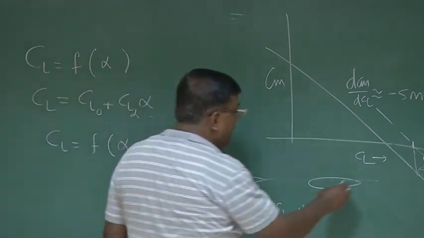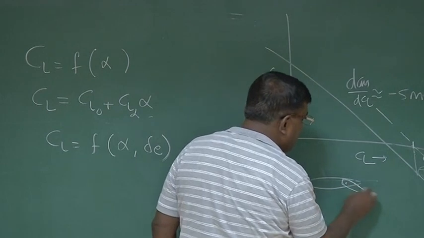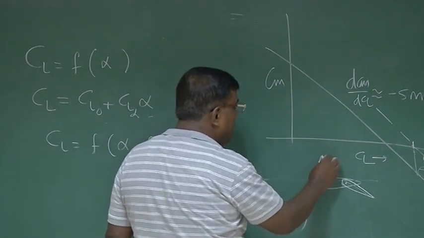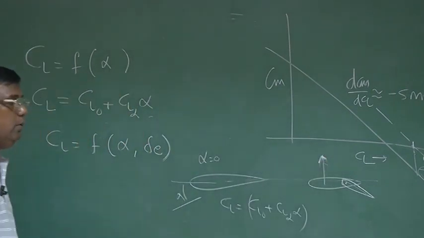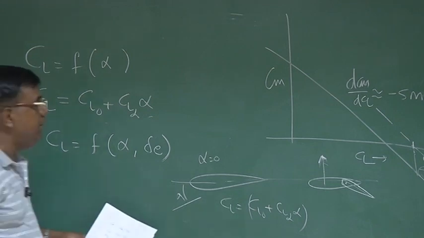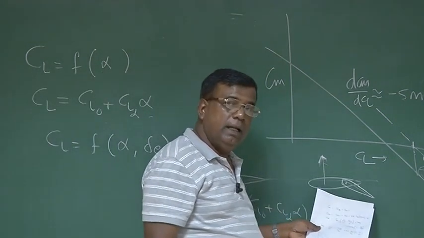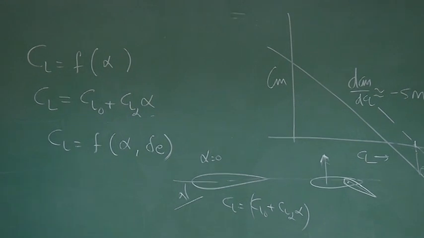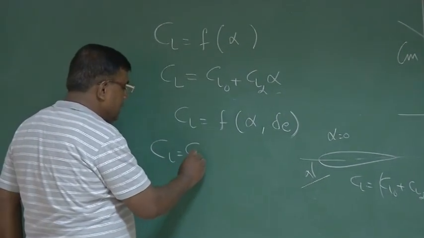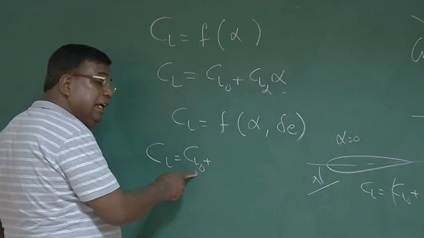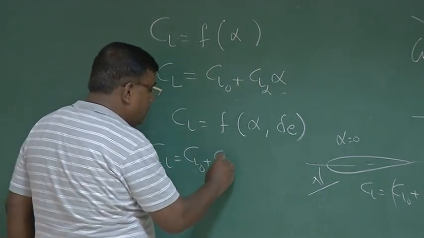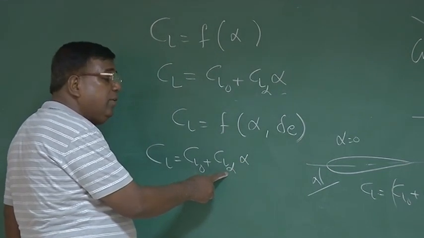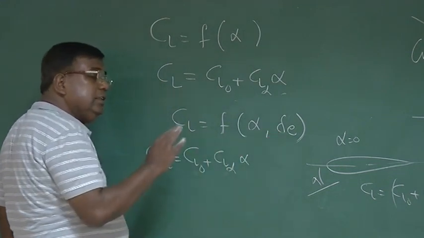But if I now give a deflection of the elevator like this, which is positive deflection, then even at alpha equal to 0, this will produce a lift. So now my CL will also become a function of delta E, right? So in a partial derivative sense, since we are assuming everything to be linear, I can write CL as CL naught when both alpha and delta E were 0, then add CL alpha, the per unit change in CL because of alpha, holding elevator and other things constant.